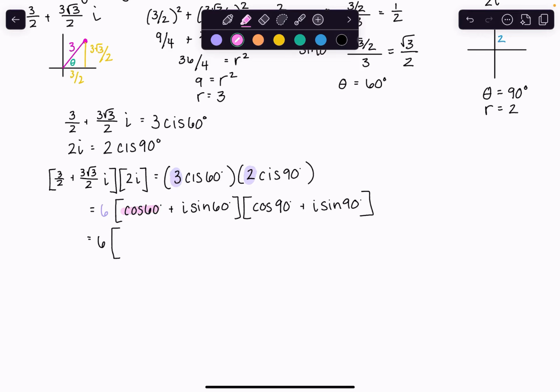We go ahead and multiply our first terms. So that would give us cosine of 60 degrees, cosine of 90 degrees. Okay. Then we go through and we multiply the outer. So that would be 60 and i sine of 90. So to make that convenient, I'm going to put the i out front. Cosine of 60 degrees, sine of 90 degrees.